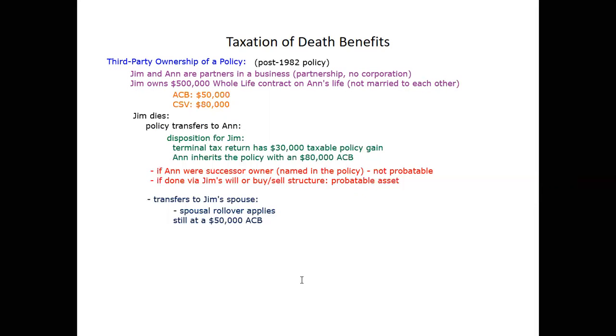Where I find sometimes that gets overlooked is where grandpa dies, leaves the policy to son, who is the policy owner on the original grandson's policy, and dad never fixes the ownership structure. Dad never sets up a successor owner. Okay, any questions there?